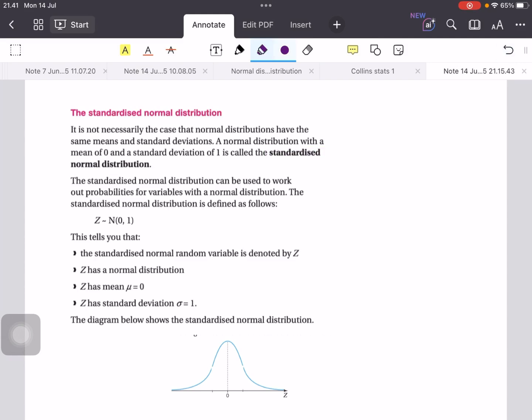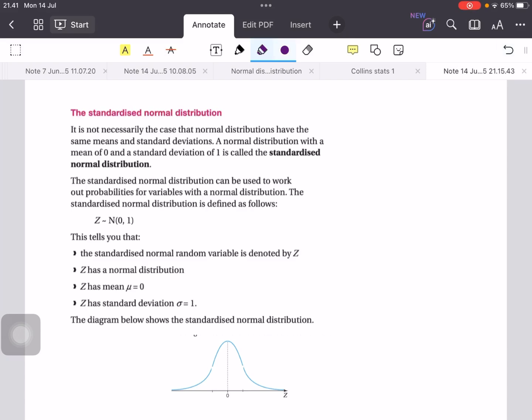A non-standardized normal distribution can be standardized using a formula that we will study later. But for now, let's focus only on the standardized normal distribution.